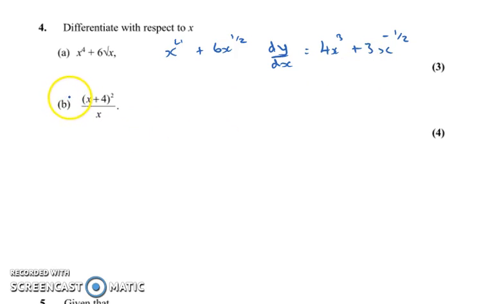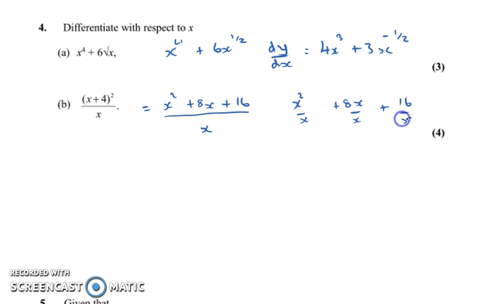For part B, there are a few things that we can do before we make it look a little bit nicer. We can multiply out the top, so we get x squared add 8x add 16. Now you can either separate each part to have x squared over x add 8x over x add 16 over x, or, as I prefer to do, multiply all of the top by x to the minus 1.